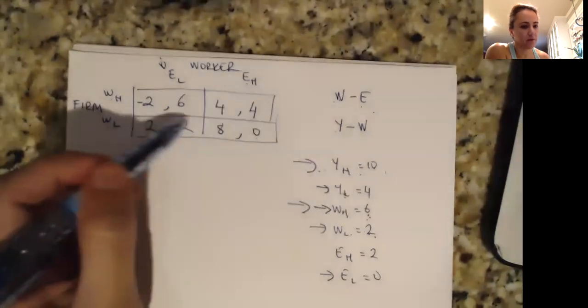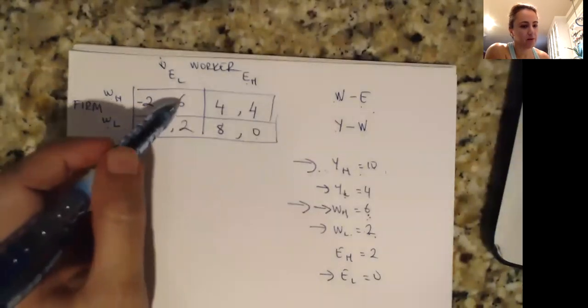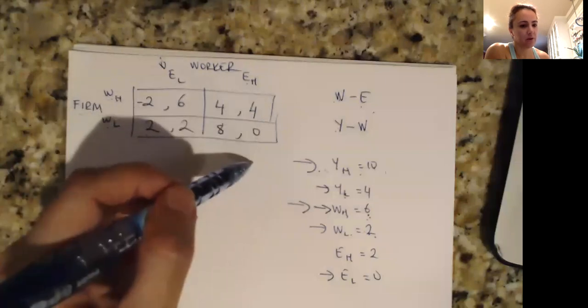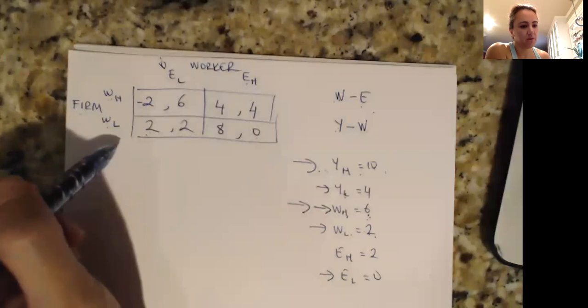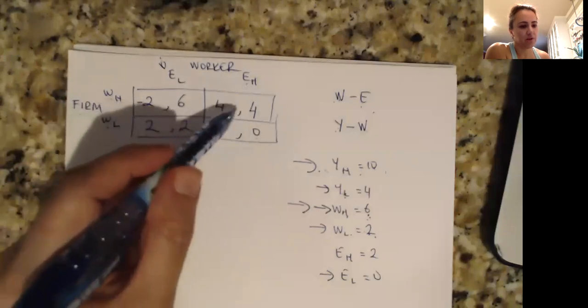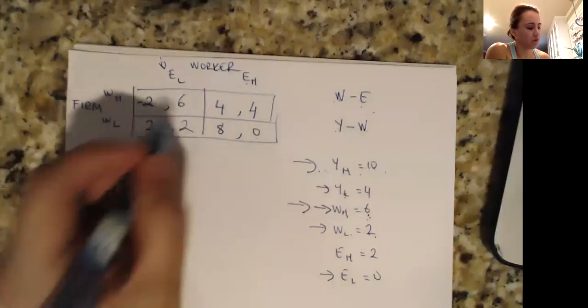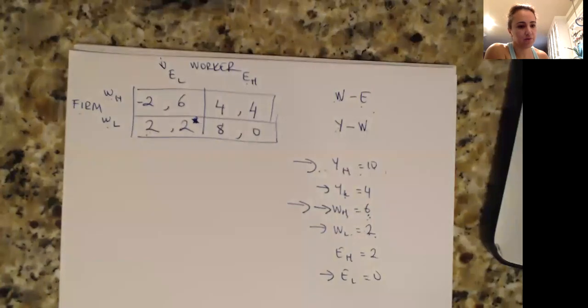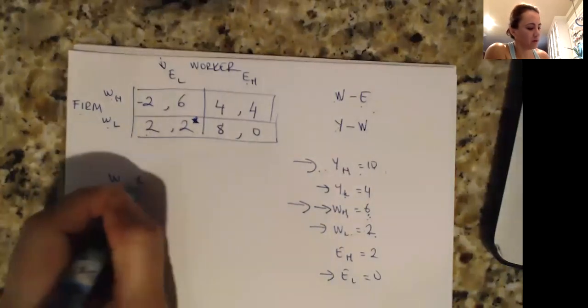Okay. Again, checking the workers' payoffs and strategies, I see that low effort strictly dominates high effort. Okay, so I have 2 strictly dominated strategies, WH and EH, which gives me a dominant strategy equilibrium at WL, EL.